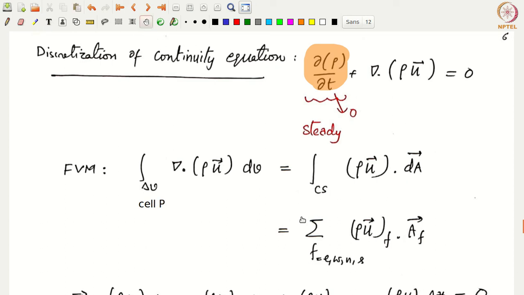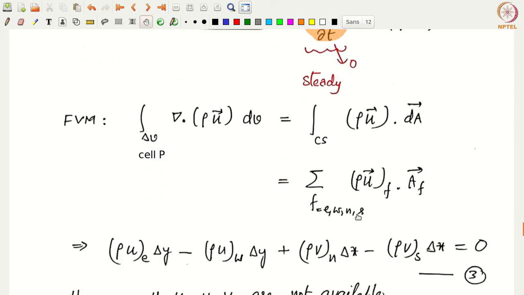So basically you sum over all four phases, east, west, north, south, and this quantity is equal to 0. That is your discrete continuity equation. Now we have 4 phases, so we can expand this. A_f bar is known: A east, A west, similarly A north, A south.